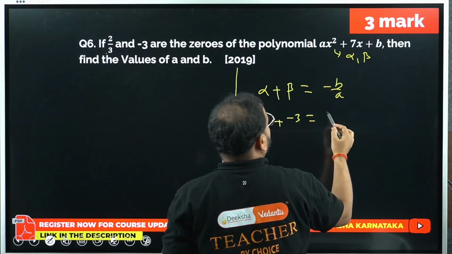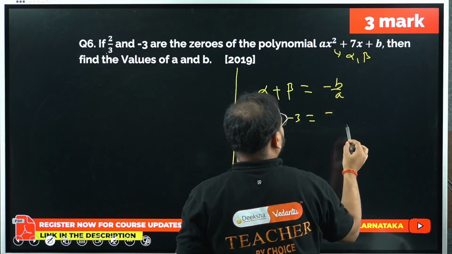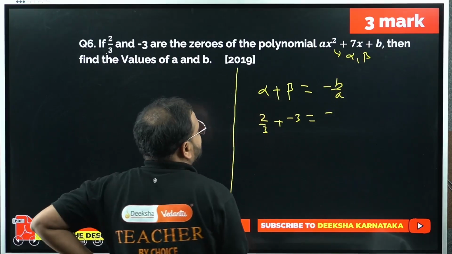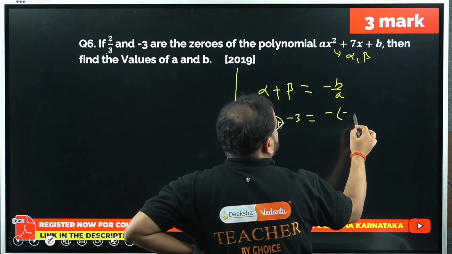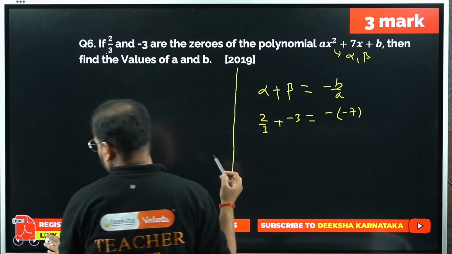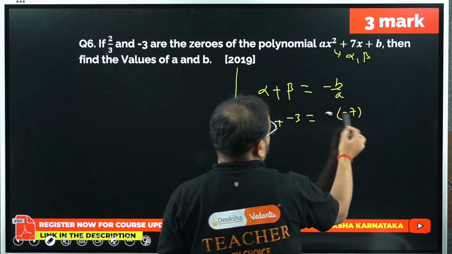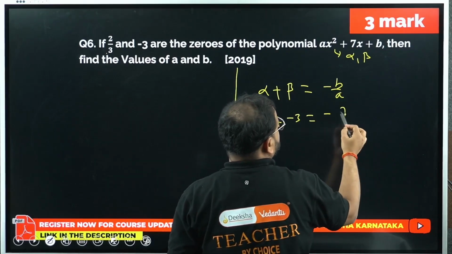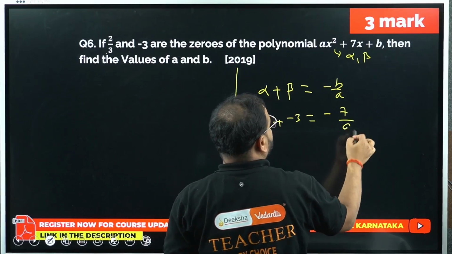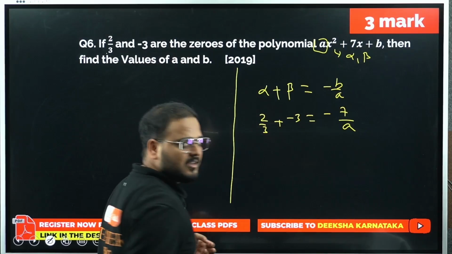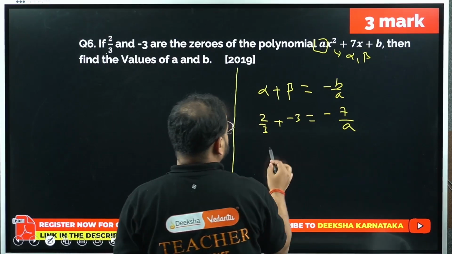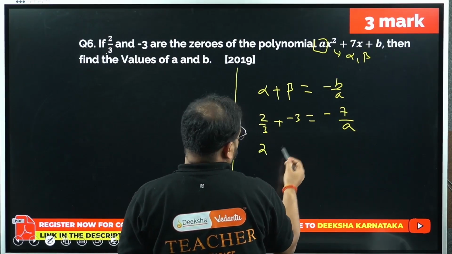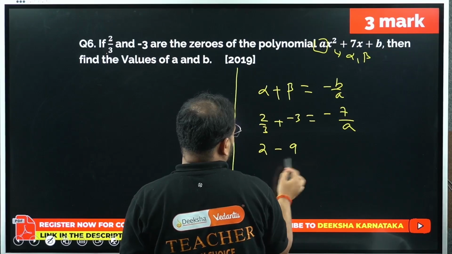Minus b is simply 7, right? No, b is not 7. If you compare with the standard formula, it is going to be 7 only. So minus 7 by a. Now if you take the LCM over here, 2 by 3, so 2 minus 9 by, this is also what?